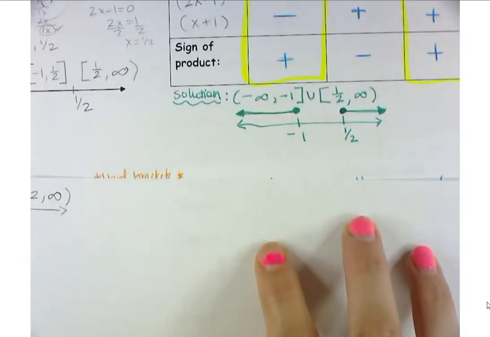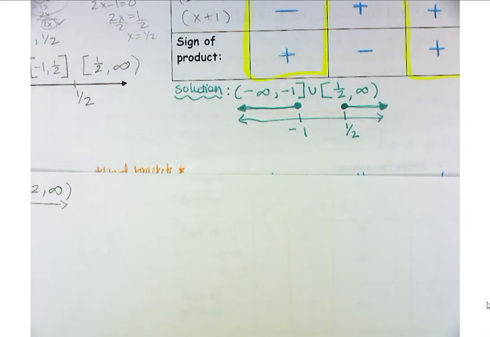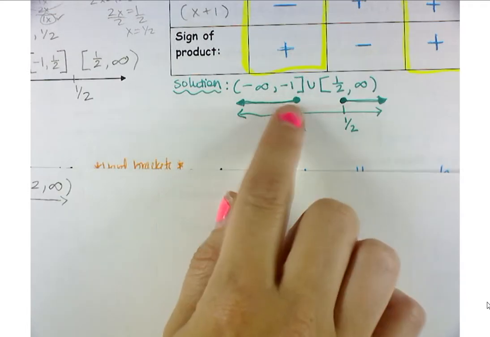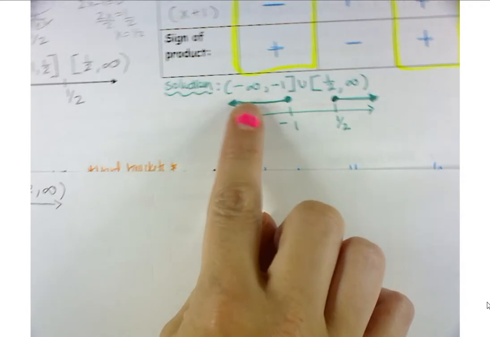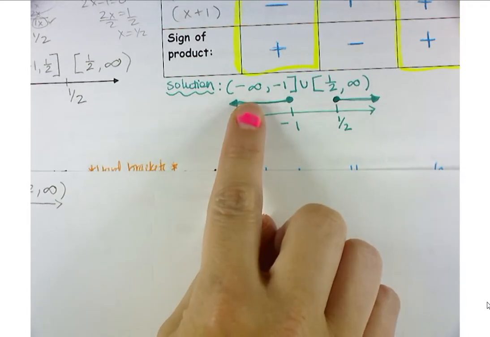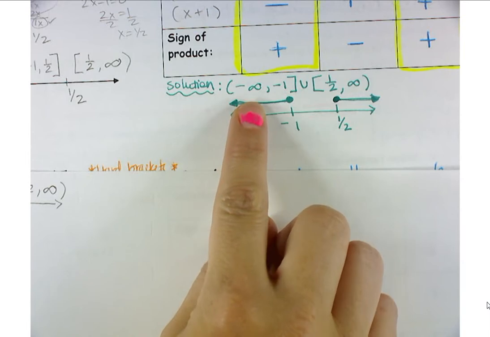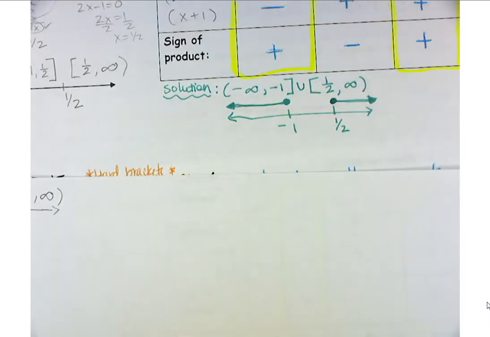Again, I just ask that you put those above so that I can see clearly whether or not you have an open circle or a closed circle and what those numbers are. Okay, so this means any number from -1 to -infinity should make that a true statement. Same thing with any number from 1 to positive infinity. That should make it a true statement.